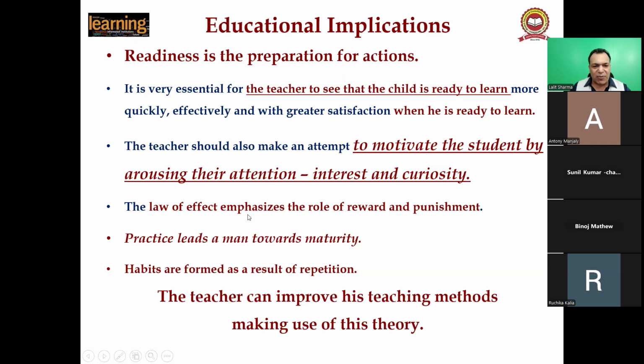Next, the law of effect emphasizes the role of reward and punishment. Right? Practice leads a man towards maturity. Because the cat did a lot of practice. After the seventh, eighth, ninth, tenth time, the cat was fully trained on how to press the lever and come out of the cage.